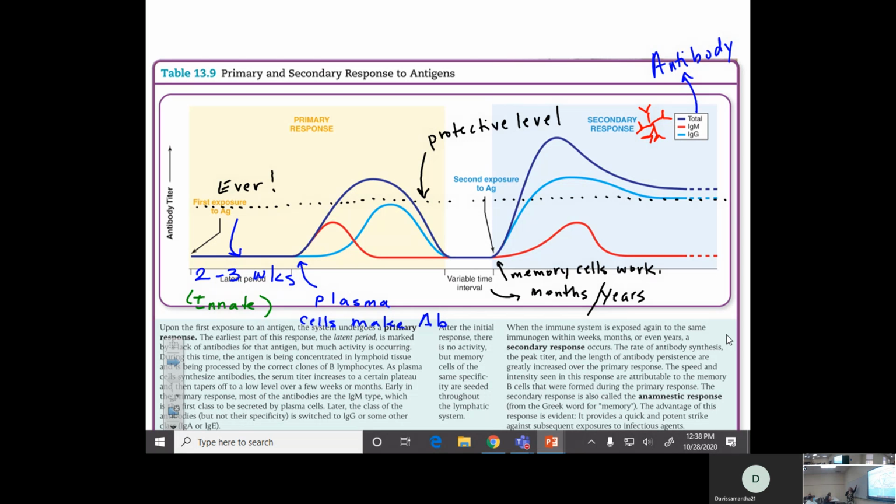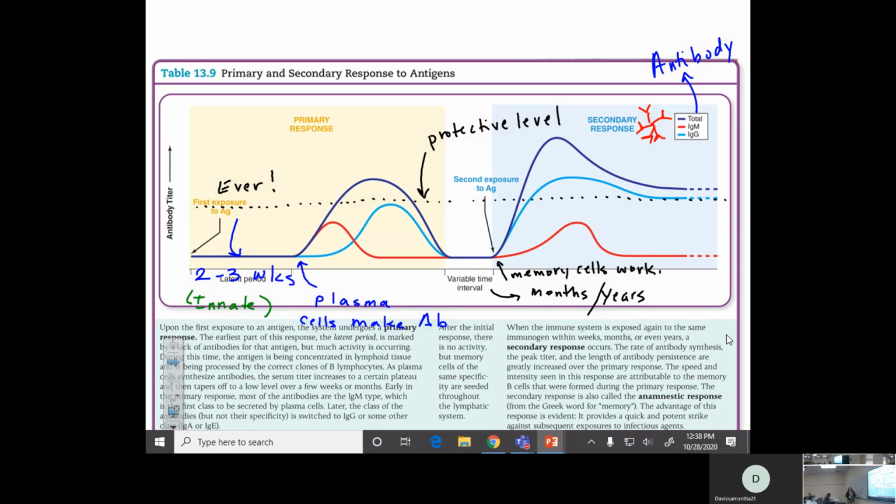This is talking about the B memory cells. And this is so cool, they also produce newer and better versions of memory cells for the next time around.